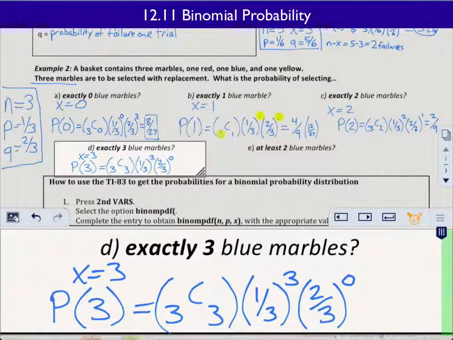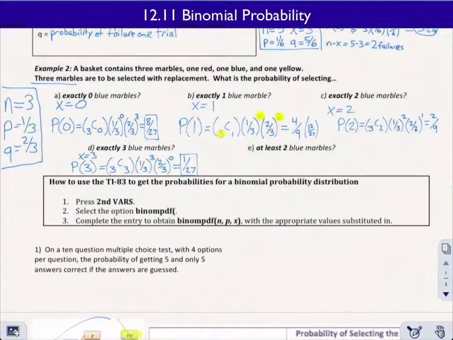We don't want any. And when we calculate this, we get 1/27. So you can see we ended up getting the same answers as we had by looking at the sample space, but this way is much quicker to find it. And when we add all these up, we do of course get 100%.